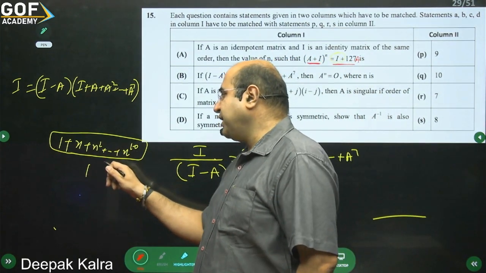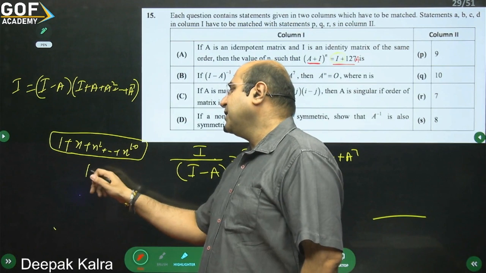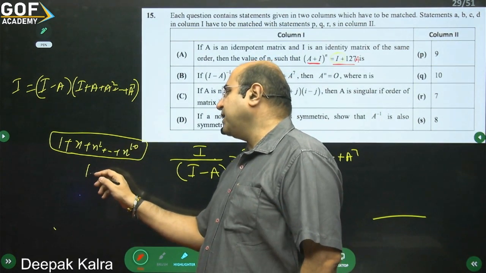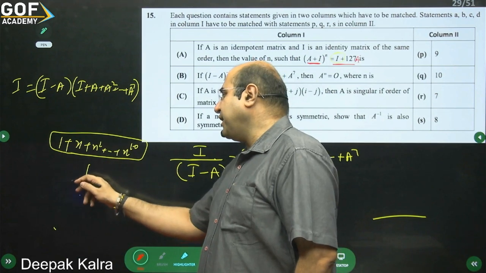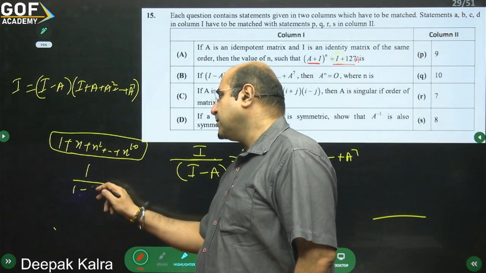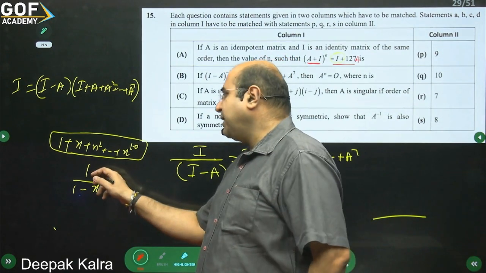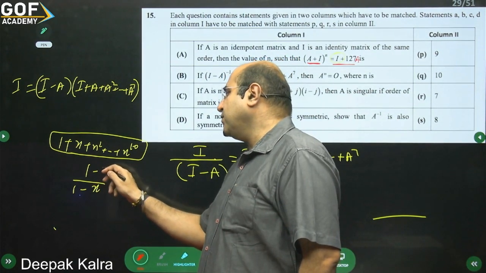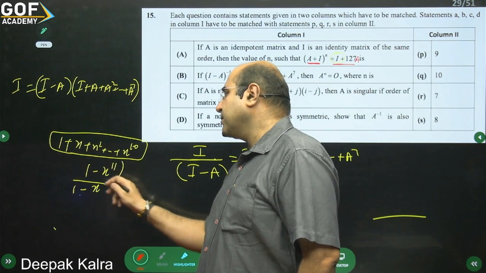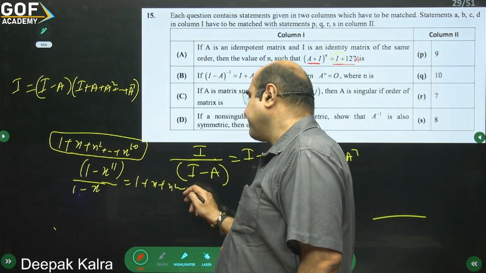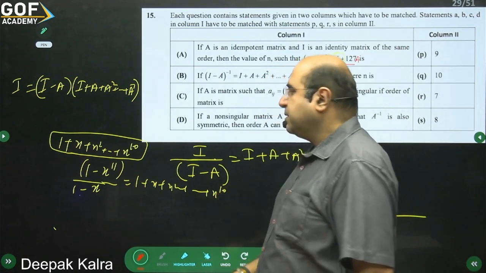So if I say 11 terms are there, I write its answer as a over 1 minus r. That is the GP concept.